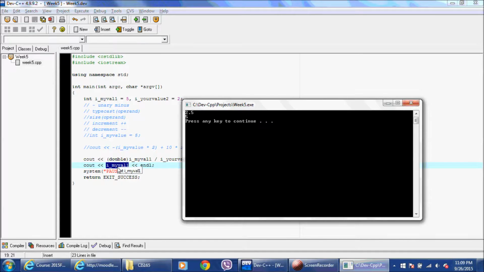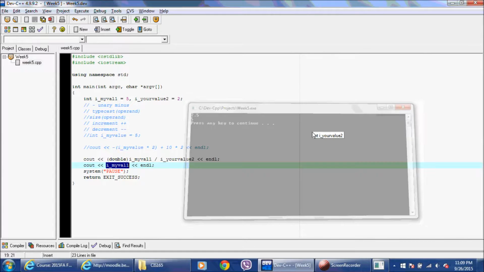The data type only changes at the point of the expression execution of the cast. It does not change permanently. You have to realize that, because the typecast operator is only temporary. Okay?